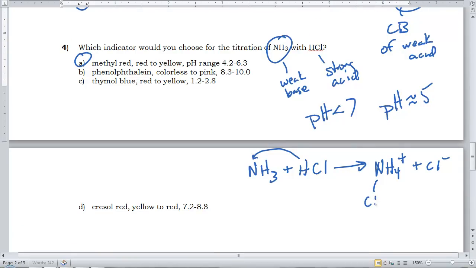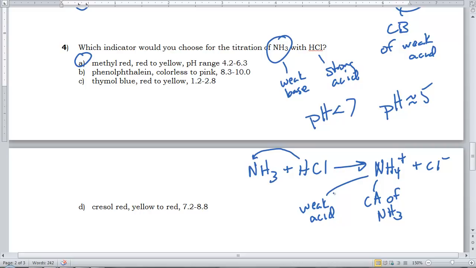This is the conjugate acid of a weak base. That is a weak acid. And the pH will be acidic, less than 7. So, yes, you can memorize things. It's better to understand it and know what it is that determines the pH.